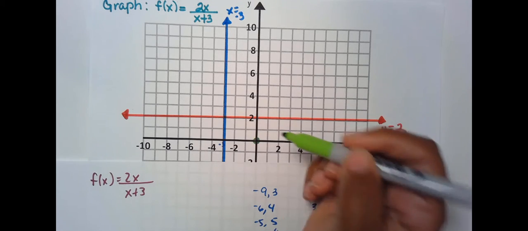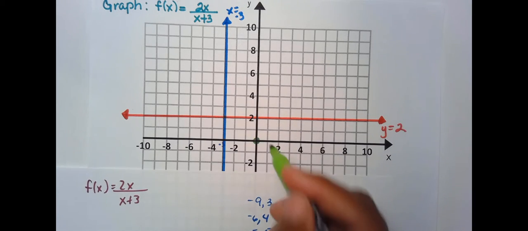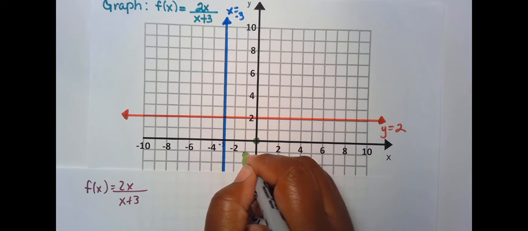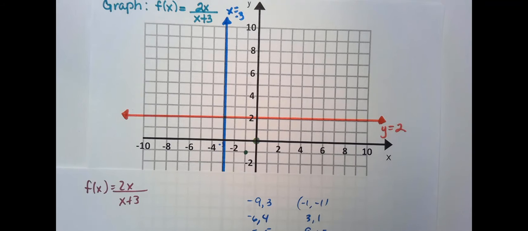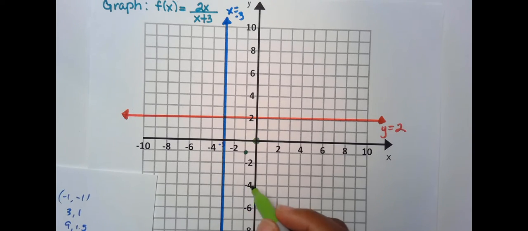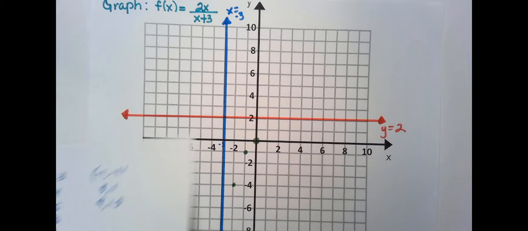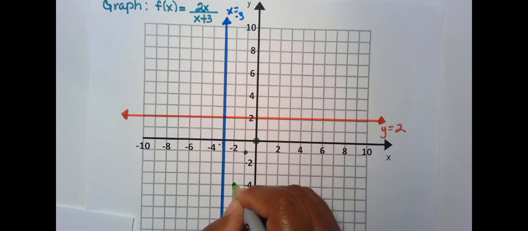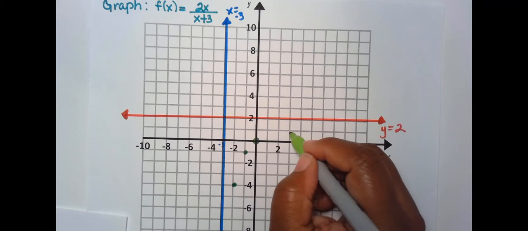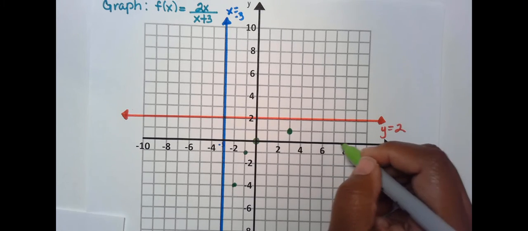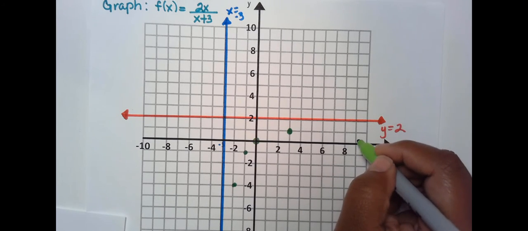We have (-1, -1). We have -2, excuse me, that's -4, (-4, 8). Let's change it on here. We have (3, 1). We have (9, 1.5).